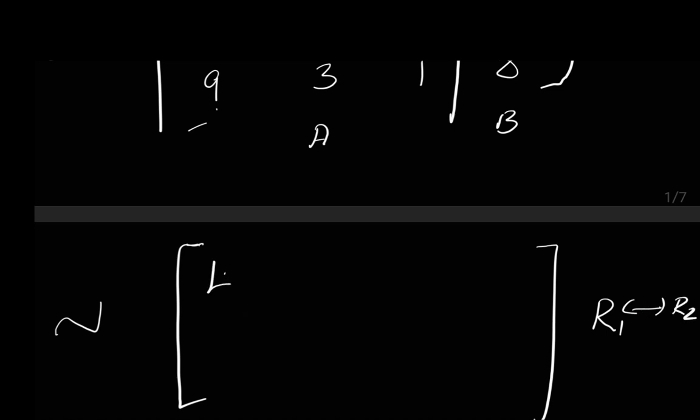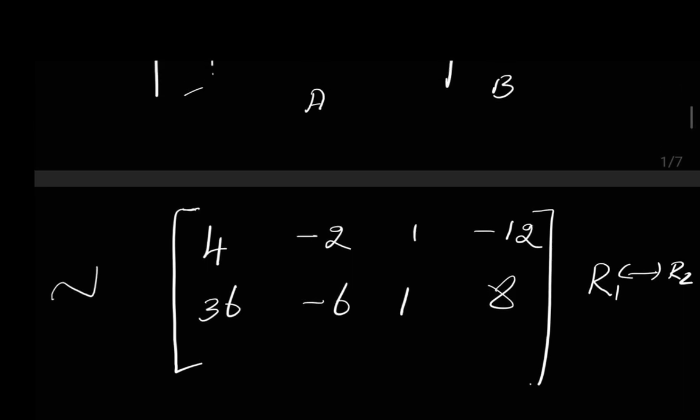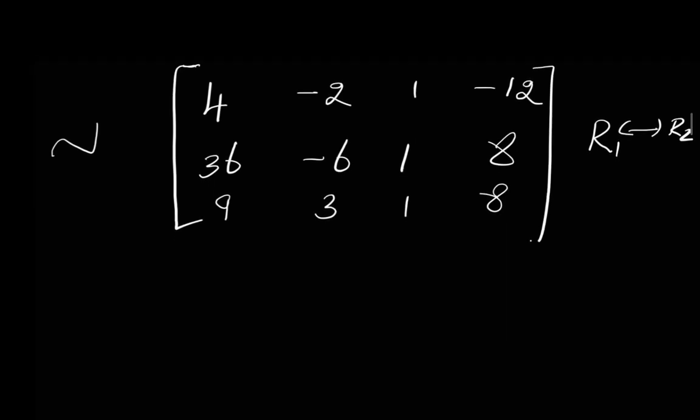So 4, minus 2, 1, minus 12. Then this is 36, minus 6, 1, 8. Third row is here 9, 3, 1, 8. So we interchange here.